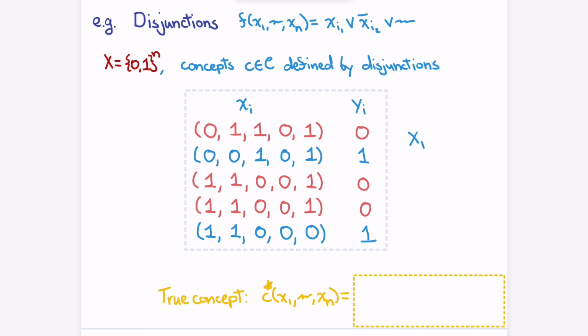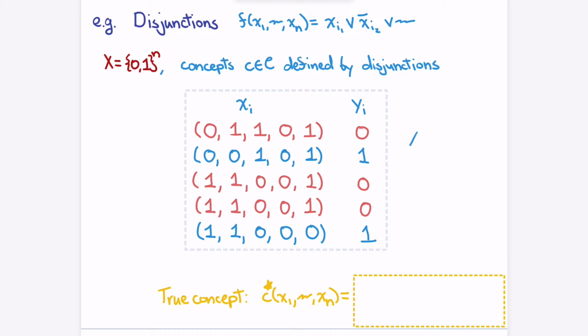Express it as a disjunction for me. We're only allowed to use disjunctions. Adrian thinks one does not exist. Yeah, there's nothing in the yellow square. Anyone come up with a disjunction that works?